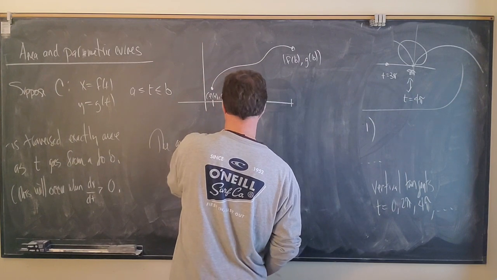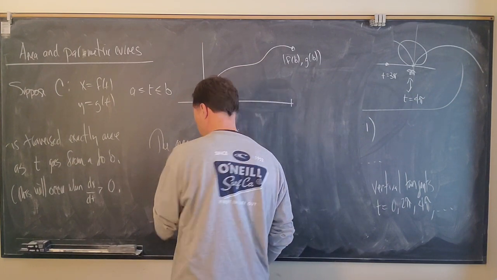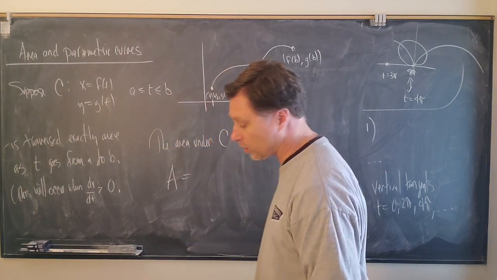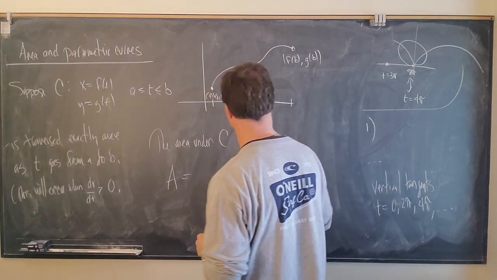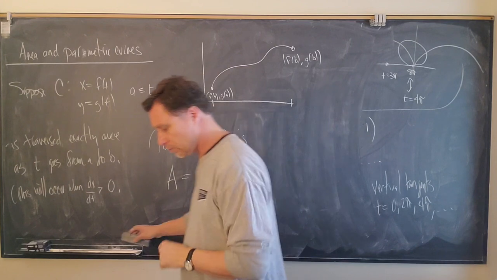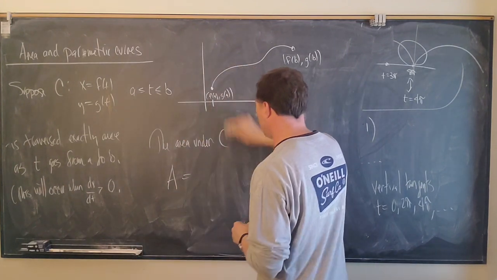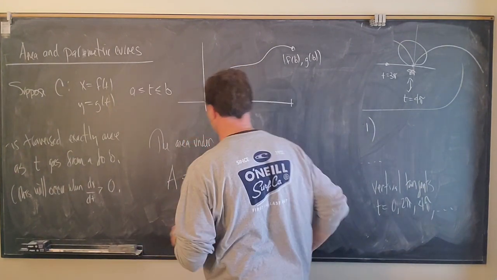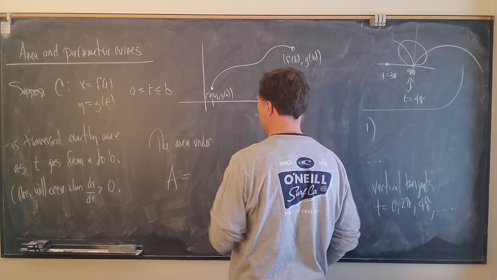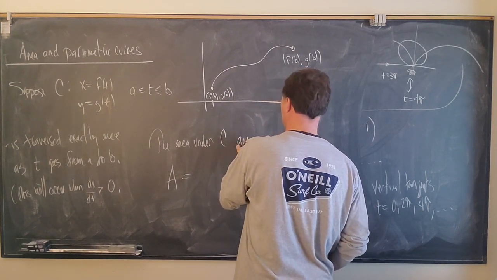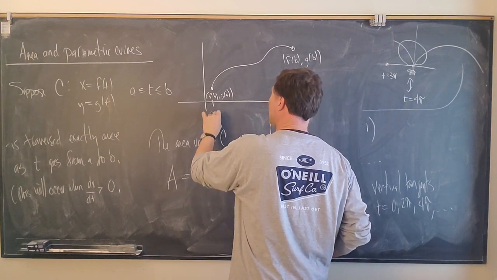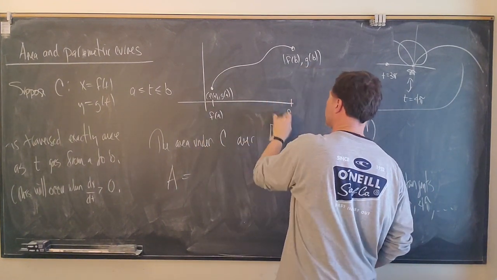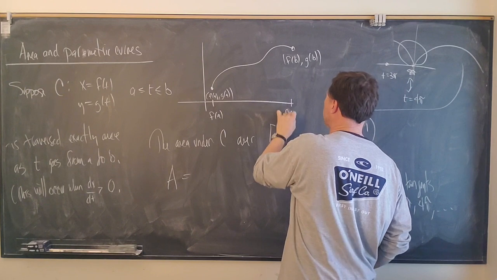So the area under C is, well, let's see, how do you compute area? You compute an integral. And I should be a little bit careful here. The area under C over the interval, I want to be specific about the interval here. So this point on the x-axis is f of a. This point on the y-axis is f of b.